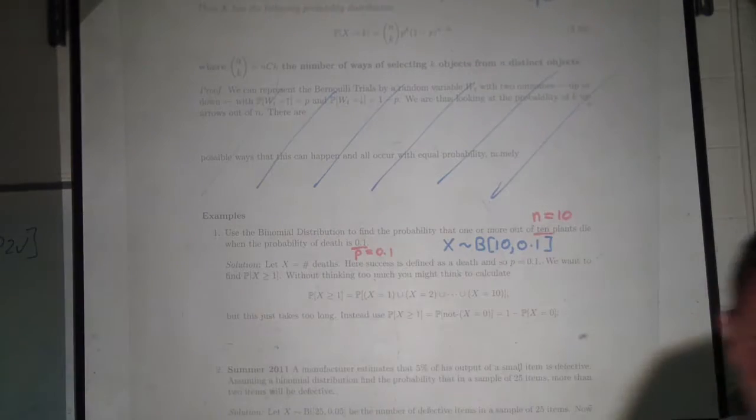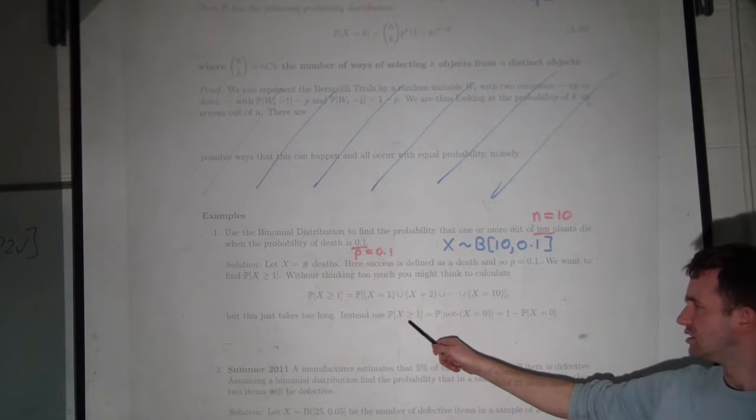So what would be another way of doing it? Could you do it indirectly? Could you find the probability that you don't have 1 or more? What's not 1 or more? Less than 1, which is 0.